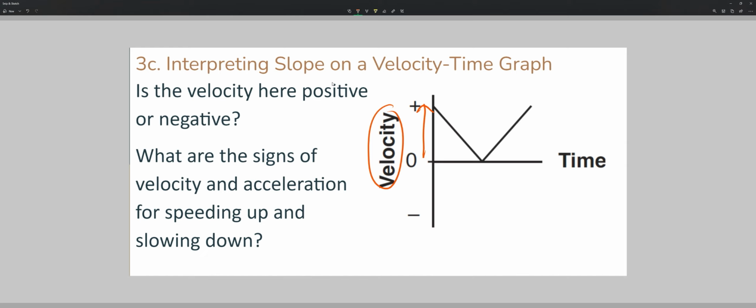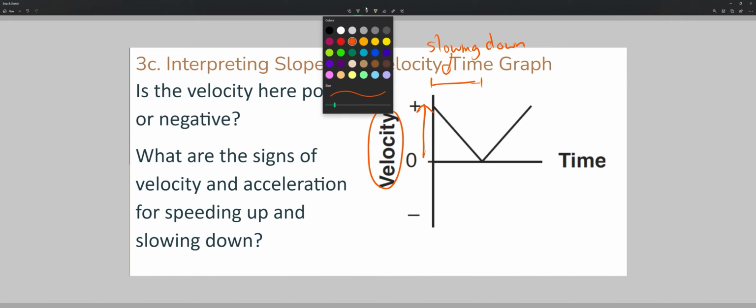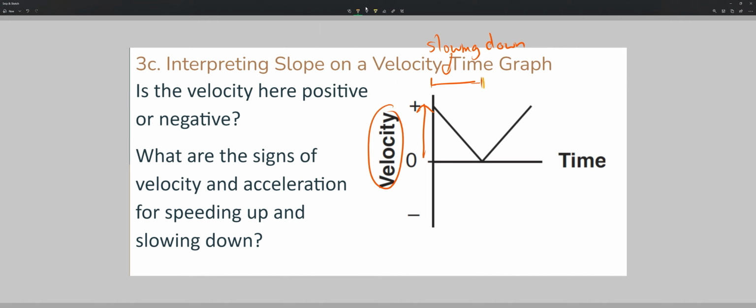Now the question says, what are the signs of your velocity and acceleration for speeding up and slowing down? In the other slides, we calculated that this part means slowing down. So this is slowing down, and the other side meant speeding up.